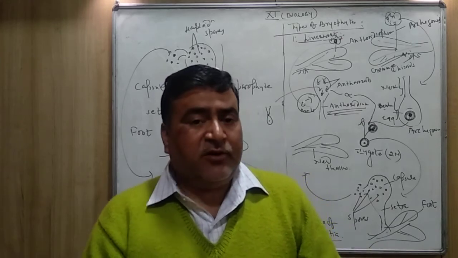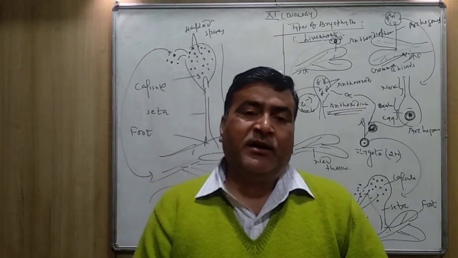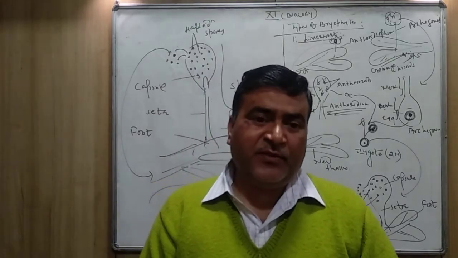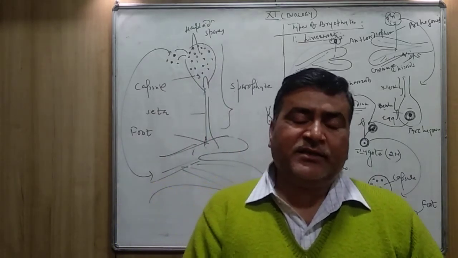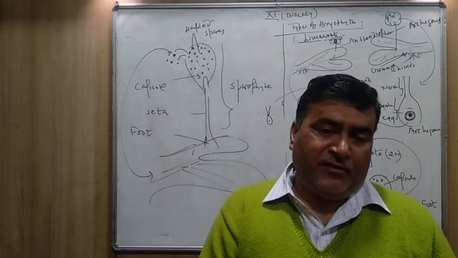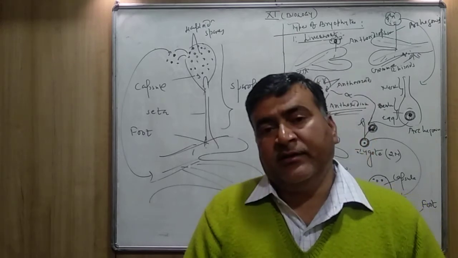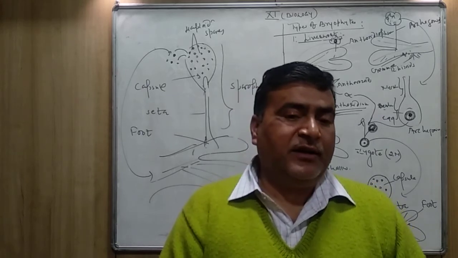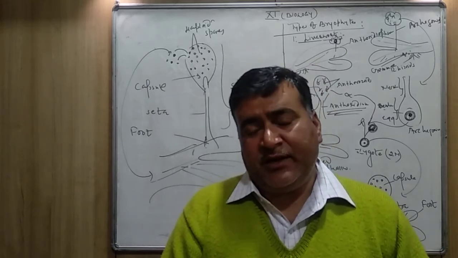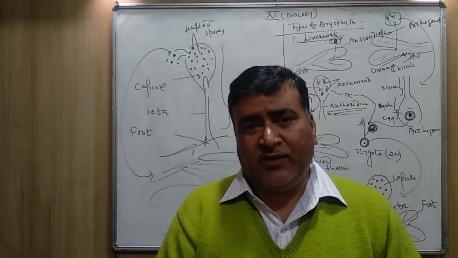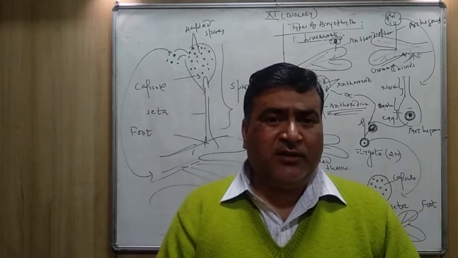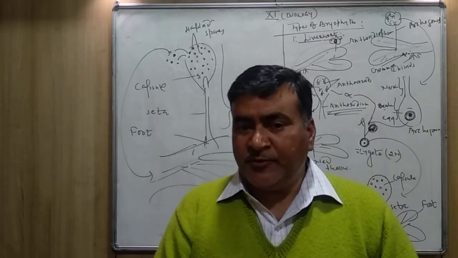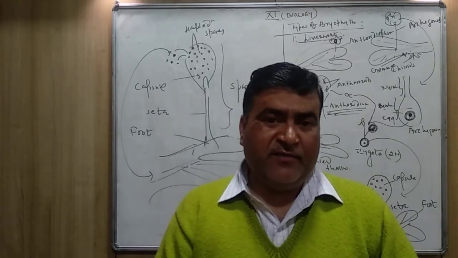So that's all about the liverworts, and especially this is the life cycle of Marchantia. And like Marchantia, in other liverworts like Pellia, Porella, Riccia, the life cycle takes place in the same way. So the whole bryophyte group is classified into two groups: liverworts and mosses.